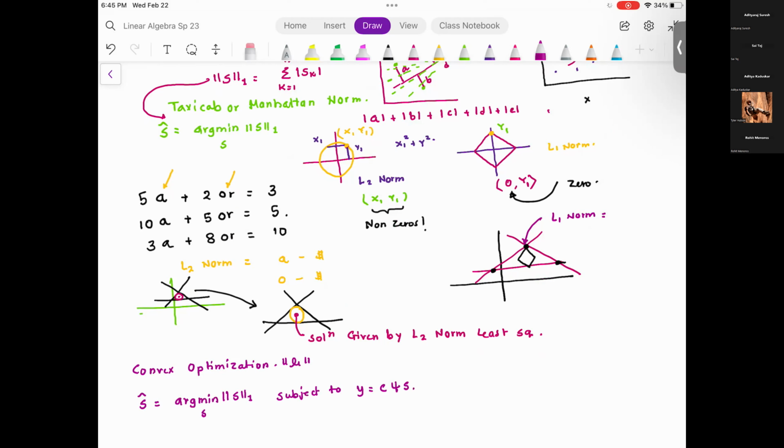So if you think about the constraint, this is the constraint, and this becomes a constrained optimization problem.